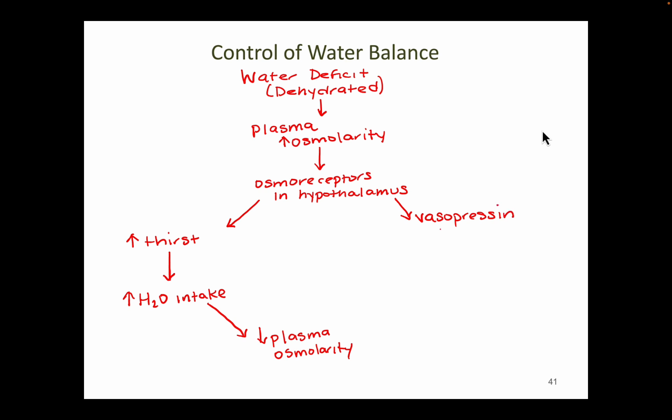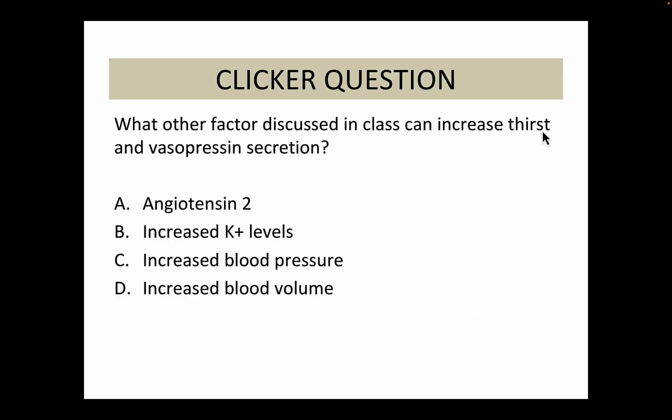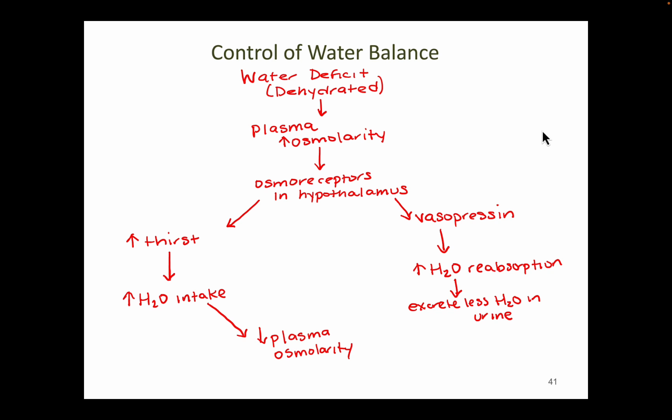And vasopressin will tell our kidneys to increase water reabsorption, which means we will excrete less water in our urine. We'll hold more water and dilute our plasma, decreasing our plasma osmolarity.